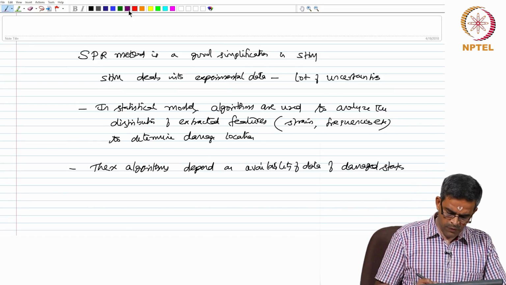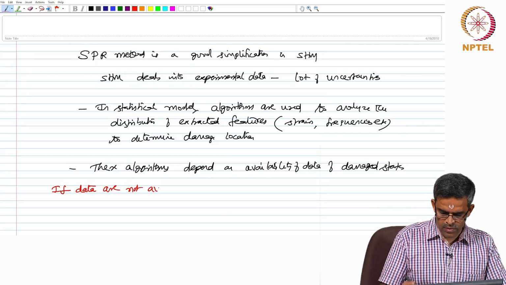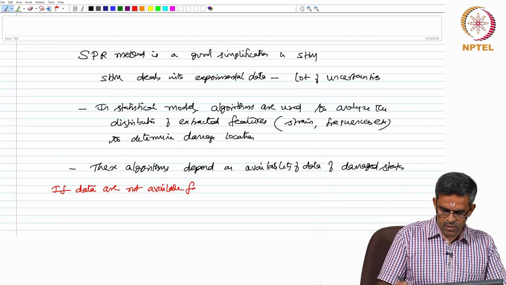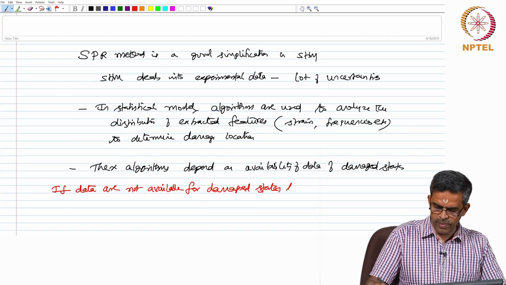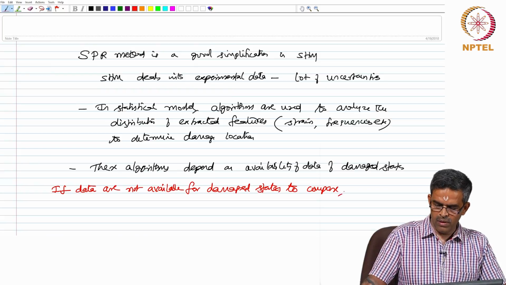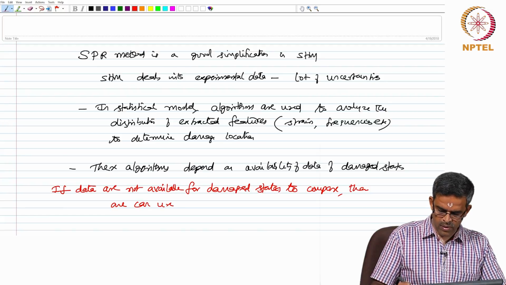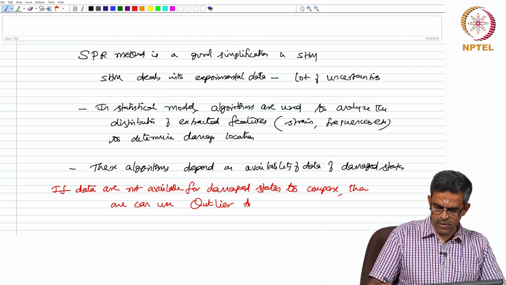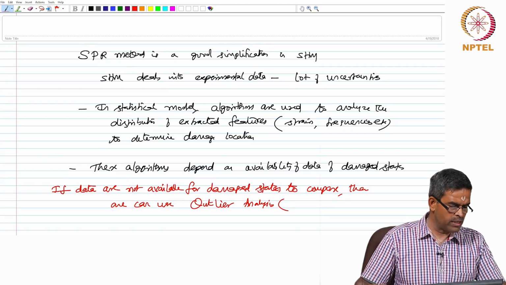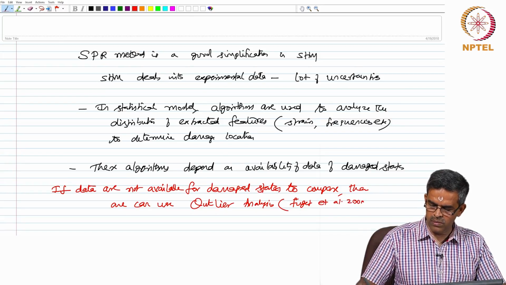Now, if the damage states are not available to compare, then one can use outlier analysis. You can see more details about this in Fugate et al. 2000.